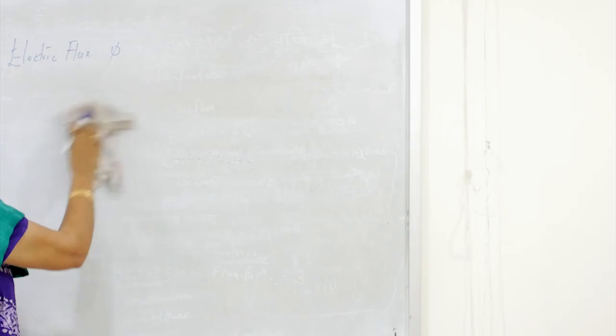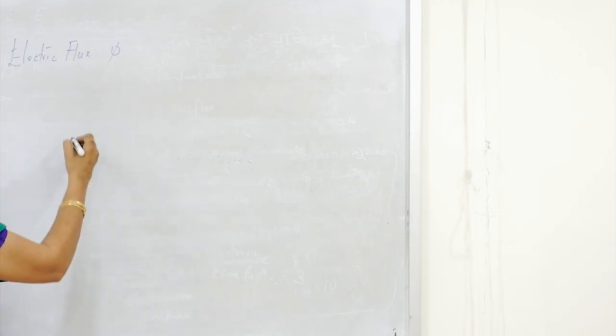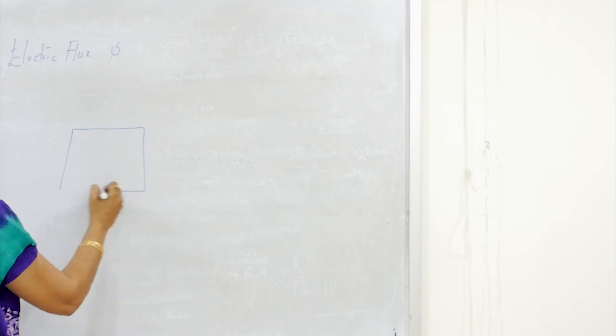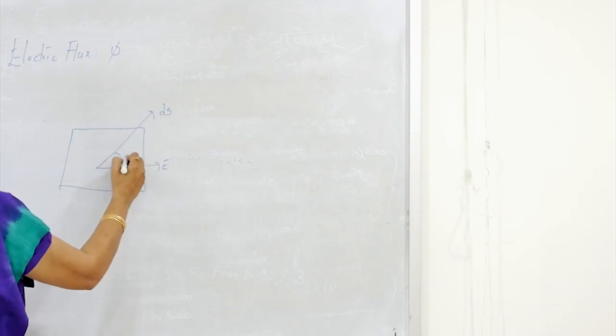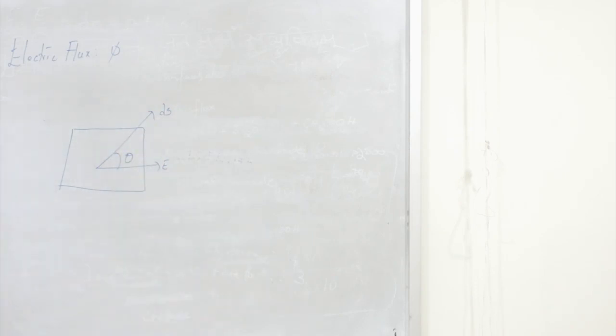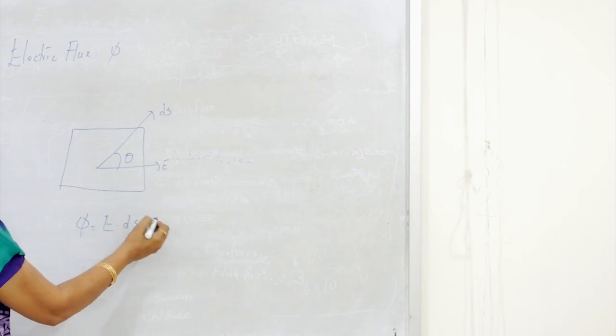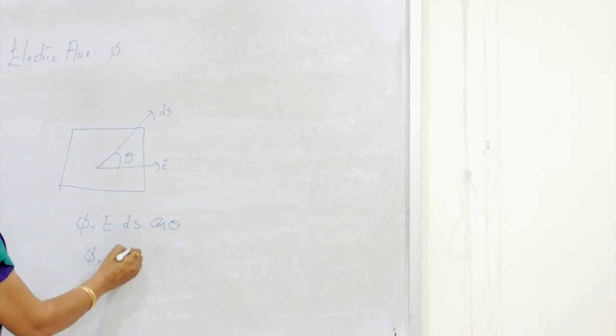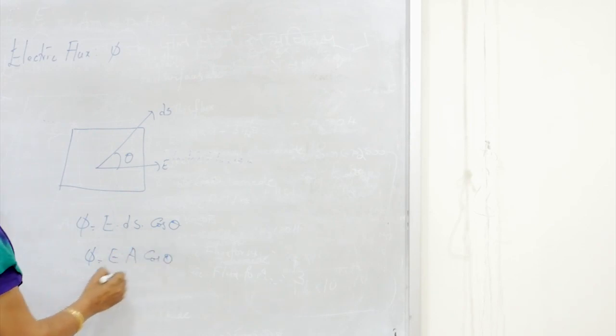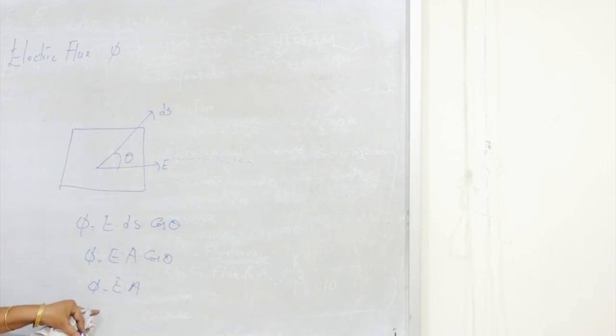Suppose I take this area and E is the electric field, ds is the vector and theta is the angle made by the normal with the surface, then phi is given by E dot ds cos theta, or phi is equal to E dot A cos theta, or phi is equal to E dot A. You can take electric flux like this, E dot A.